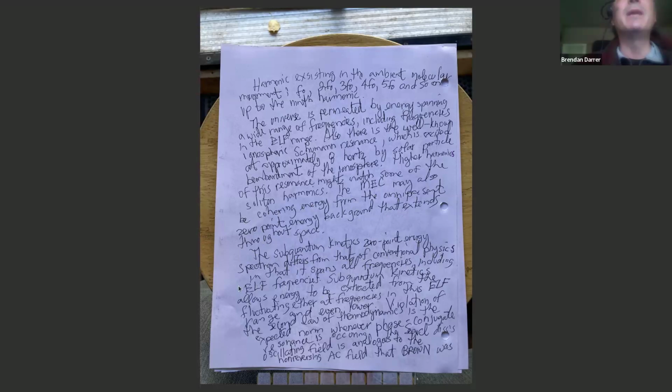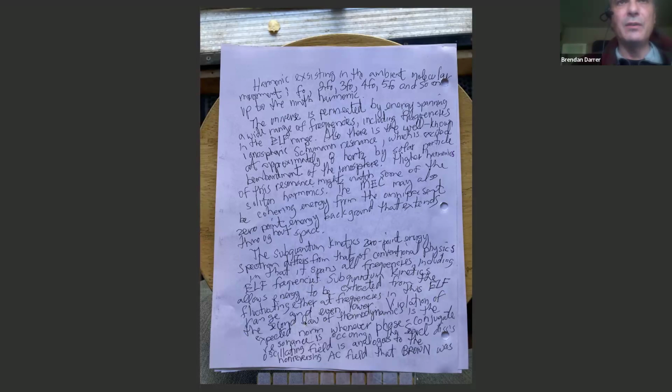ELF means what? Extremely low frequency. Subquantum kinetics allows energy to be extracted from the fluctuating ether at frequencies in this ELF range and even lower.